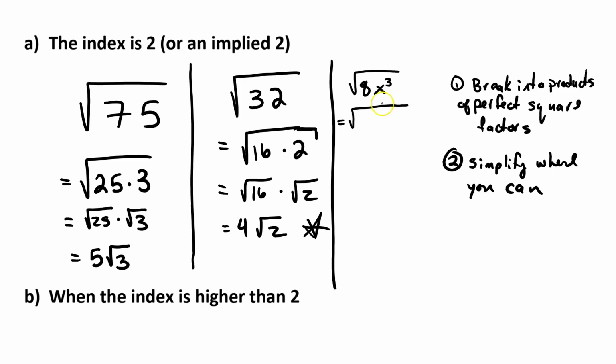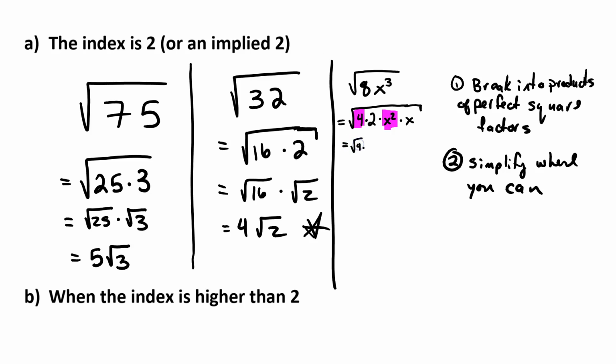So if I were to say 8 is 4 times 2 times x squared times x. So what I'm going to do is break it up and pull these guys out first because they're going to become the coefficient.